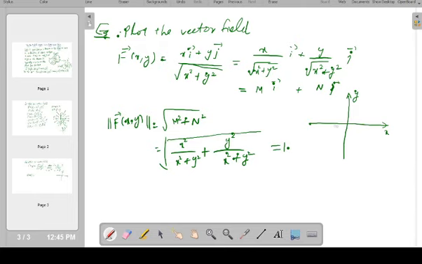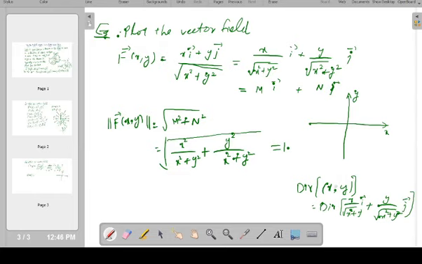And in which direction? In the direction of the vector x comma y, because the direction of the vector x comma y is the same as the direction of x by square root of x square plus y square vector i plus y by square root of x square plus y square times vector j.